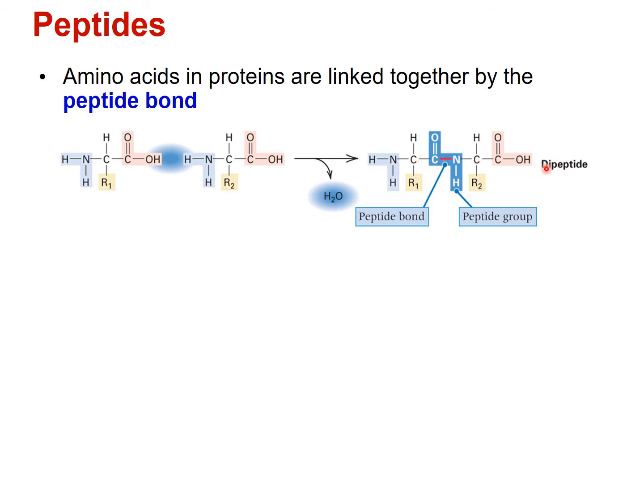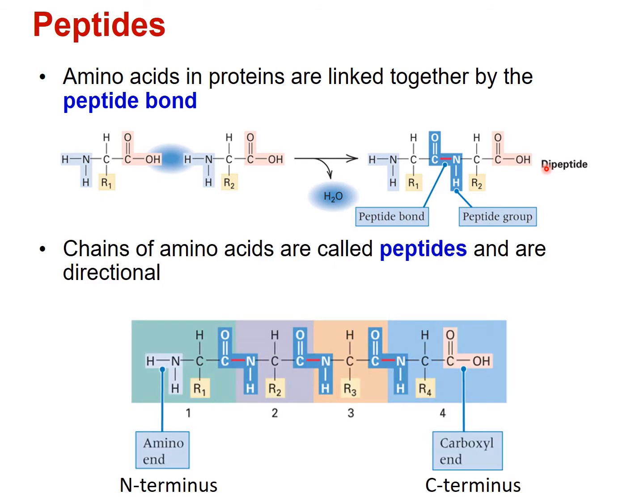And this can go up to, as you can imagine, polypeptides, which are chains of several amino acids. They can look like this, where you just have multiple peptide bonds formed. But there's something else that's distinct about this. Here we have 4 amino acids, 1, 2, 3, 4.